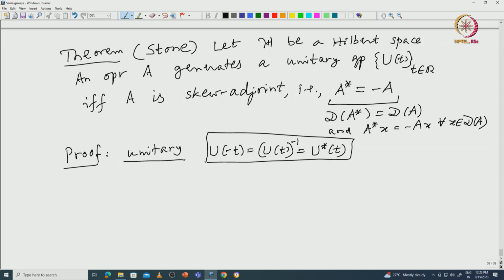So, one part: suppose A is skew adjoint. Now, since we are working in a Hilbert space, you can easily check that A is dissipative.